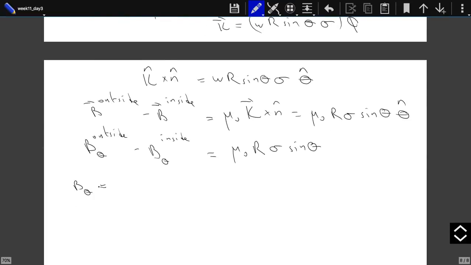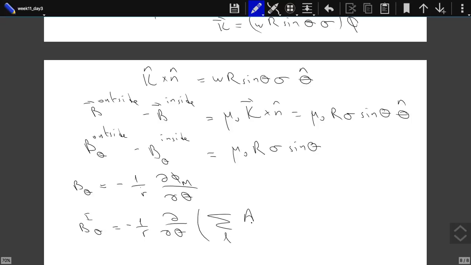So B theta in spherical coordinates is nothing but minus 1 over r del by del theta of phi m. Our potential phi m in region 1, that is inside our sphere, is just sum over L of A_L r to the L P_L of cosine theta.